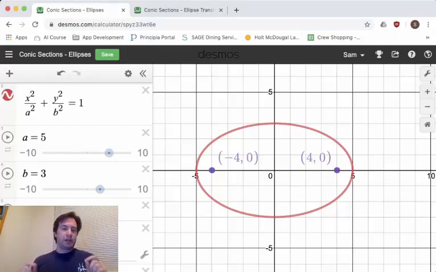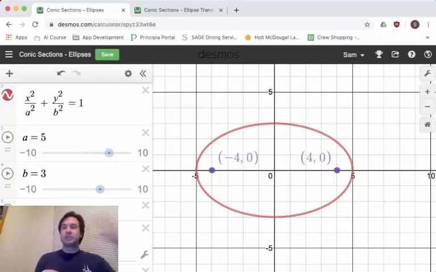Now, a couple of properties about ellipses that are pretty cool. Because this is an ellipse, I can pick any point on the ellipse and draw one line segment connecting that point to one focus, and another line connecting that point to the other focus. Now, if I add those distances together, I'll get a sum.